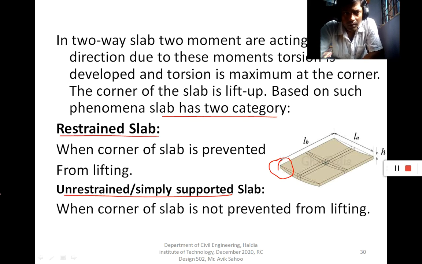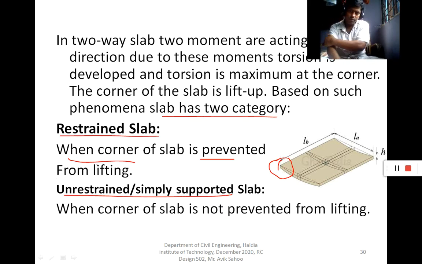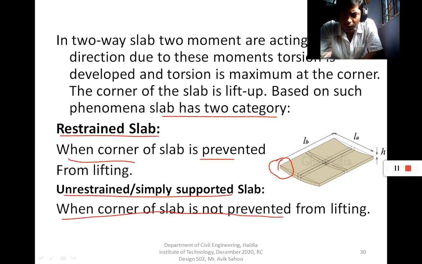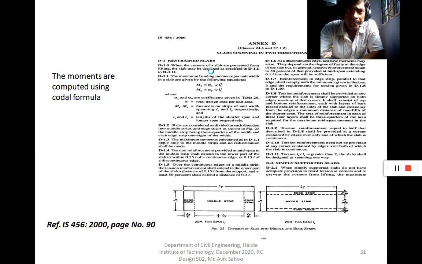So what is restrained slab? When corner of slab is prevented from lifting, such type of slab is called restrained slab. Another is when corner of slab is not prevented from lifting, such slab is called unrestrained slab or simply supported slab. The definition of such slabs is given in IS 456:2000.